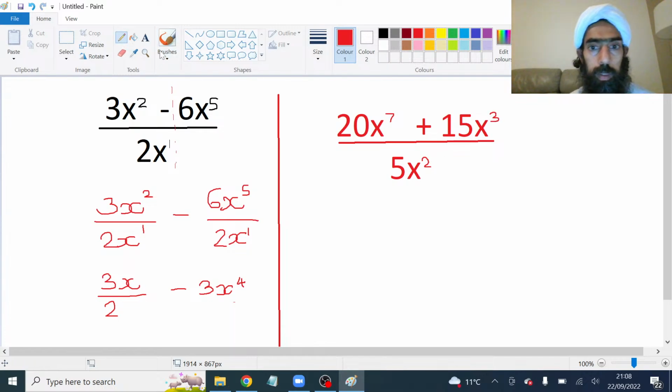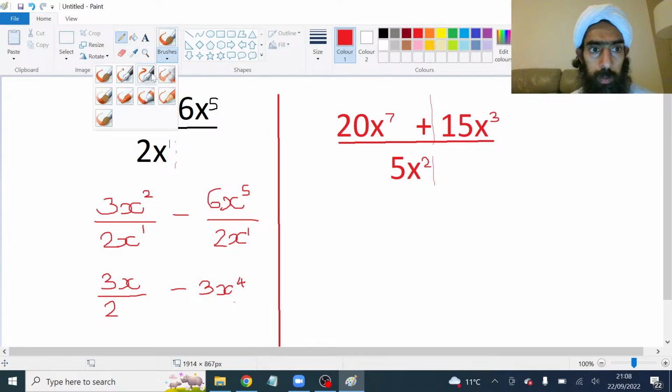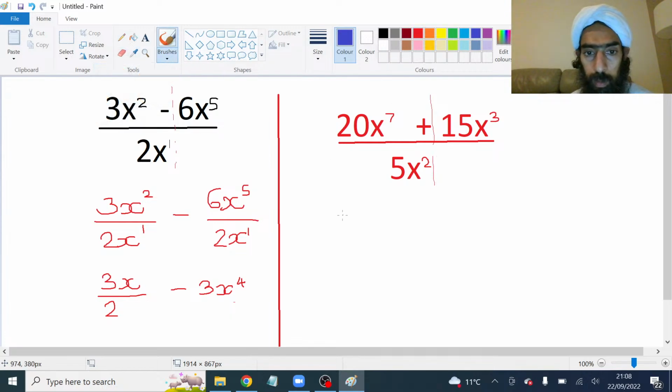So again, we're going to use the splitting technique. We're just going to split down here. So we are going to end up with, again, two simpler fractions. So we'll have 20x to the power 7, and on the bottom, we'll have 5x squared.